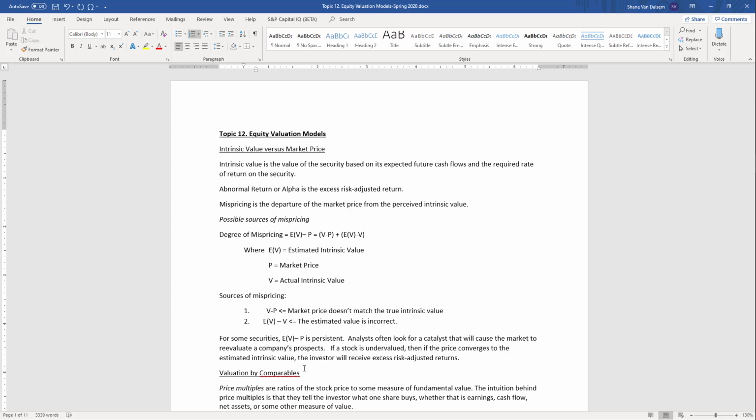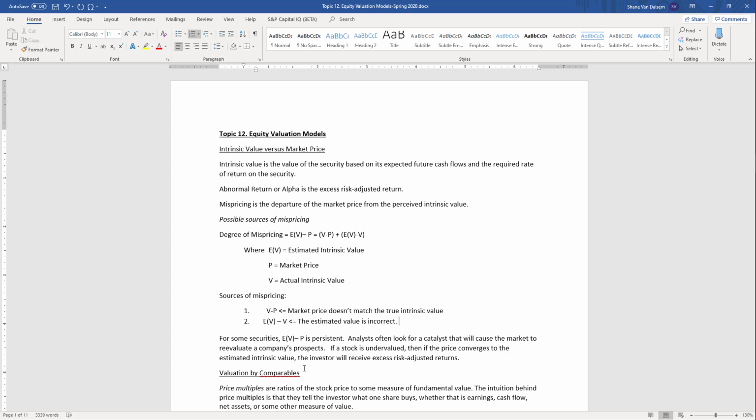For some securities, EV minus P is persistent. Analysts often look for a catalyst that will cause the market to reevaluate a company's prospects. If a stock is undervalued, then if the price converges to the estimated intrinsic value, the investor will receive excess risk-adjusted returns.